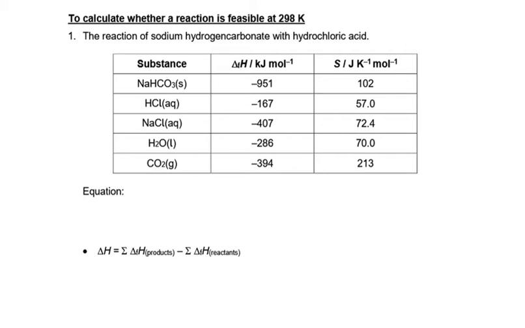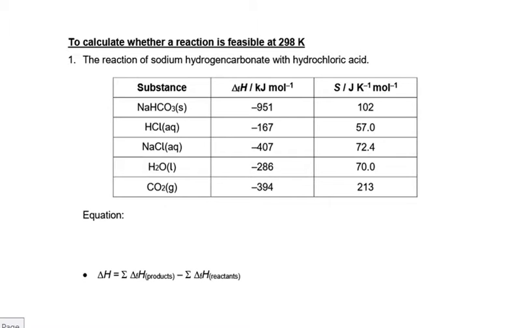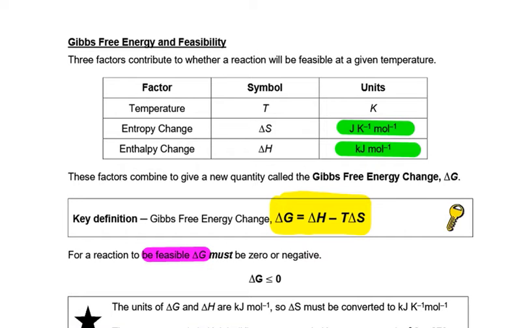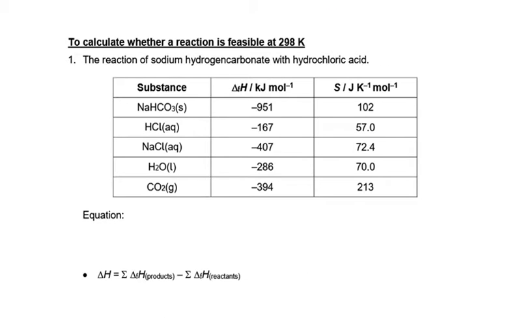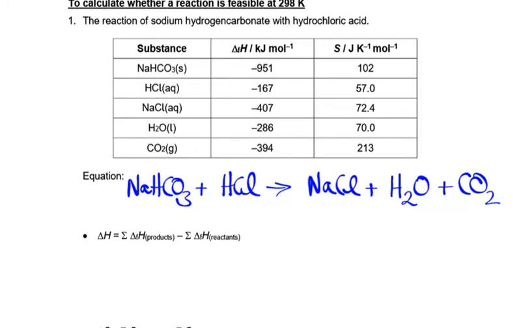Let's look at the example in the notes and we'll work out delta G for a given reaction. The reaction is between sodium hydrogen carbonate with hydrochloric acid. Let's pop the equation down. There we go.